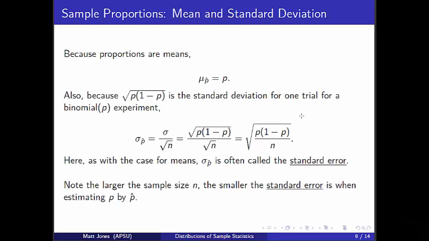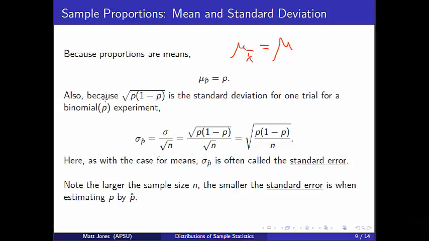So because proportions really are means, they're just special kinds of means, then what that means is we can write that the mean of the sample proportion is the population proportion. Just like we had the mean of the sample mean was equal to the true population mean.